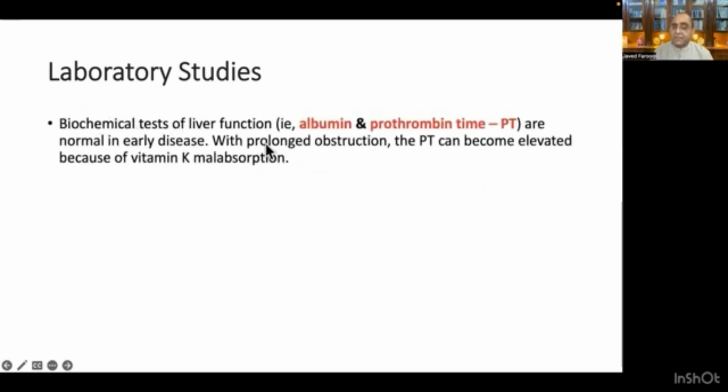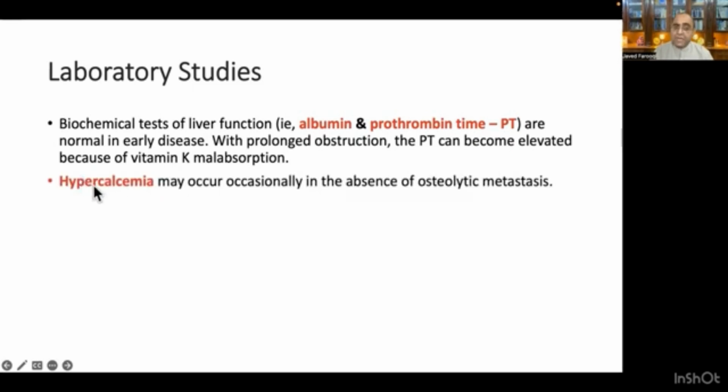Biochemical tests of liver function, that is albumin and PT, are normal in early disease. With prolonged obstruction, the PT can become elevated because of vitamin K malabsorption. Hypercalcemia may occur occasionally in the absence of osteolytic metastasis.